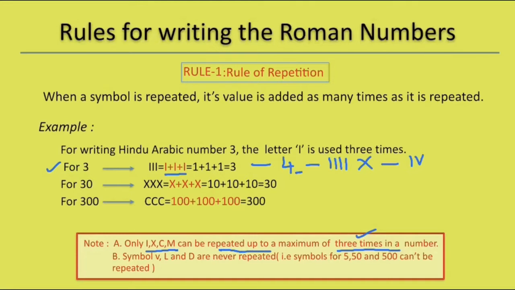In the same way, for writing 30, we have written X 3 times and we added all the X's, 10 plus 10 plus 10, that is 30. And the symbols V, L and D are never repeated.